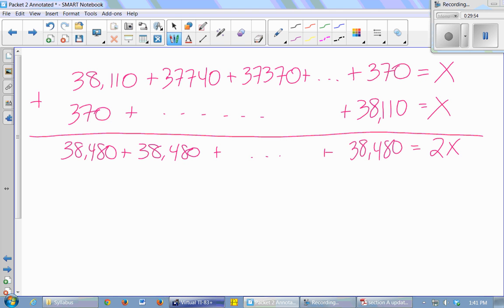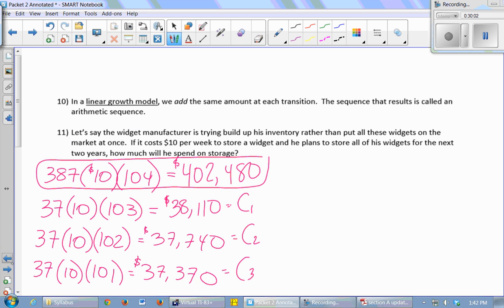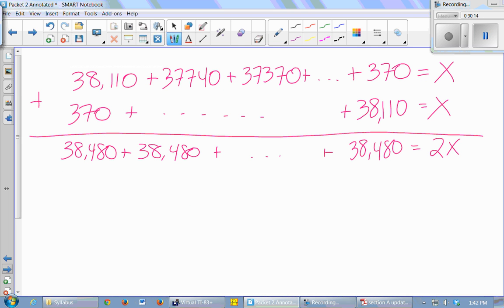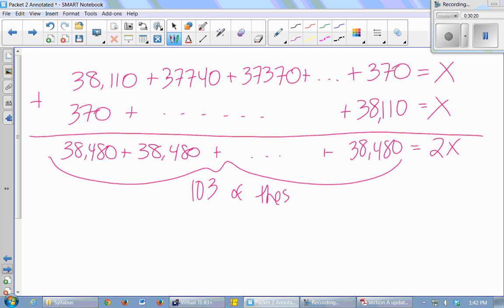Okay, how many $38,480s am I adding together here? 103, because my first week was free because I was making my widgets. So I start with 103 and I have to count down to 1. So that means I have 103 of these.